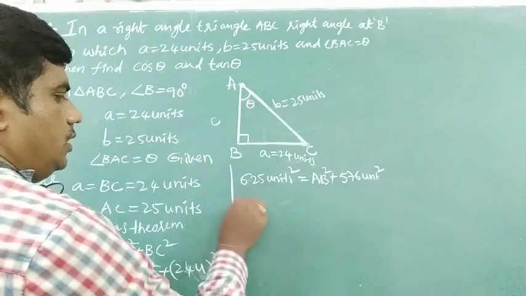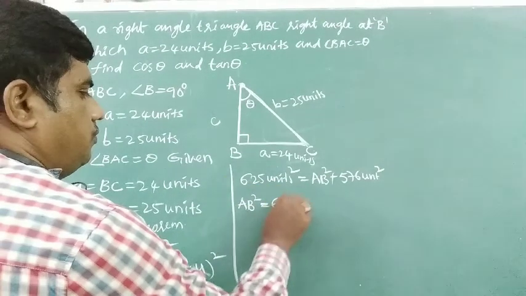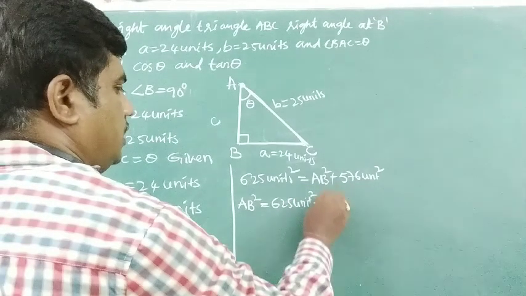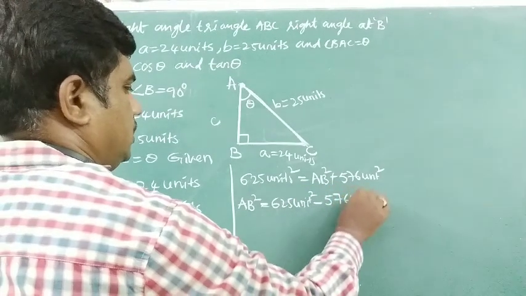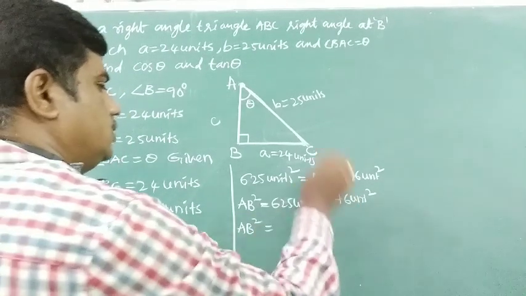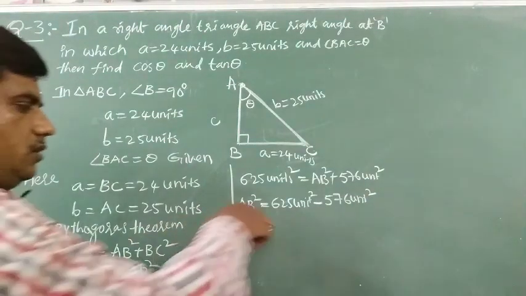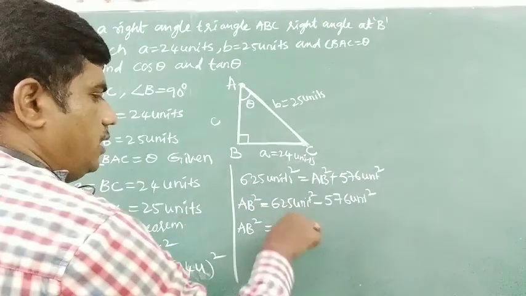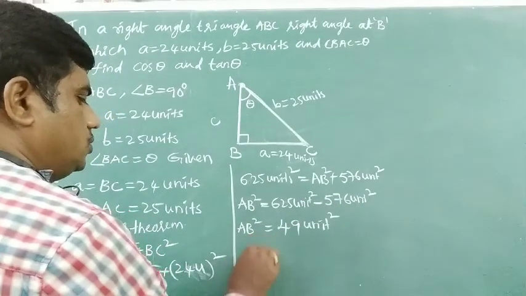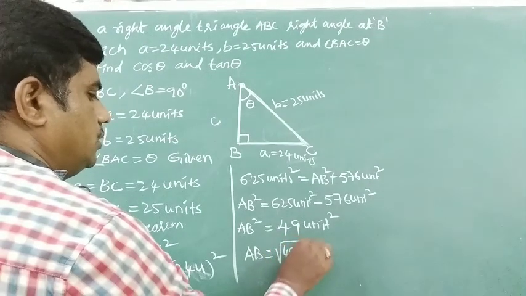Then AB square equals 625 units square minus 576 units square, which equals 49 units square. Now AB equals the square root of 49 units square.